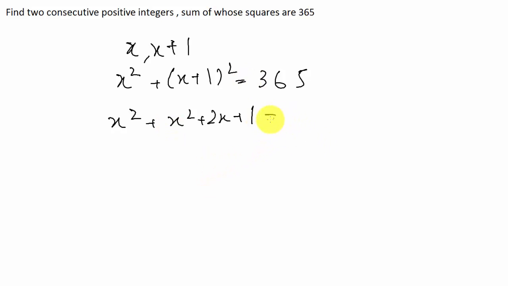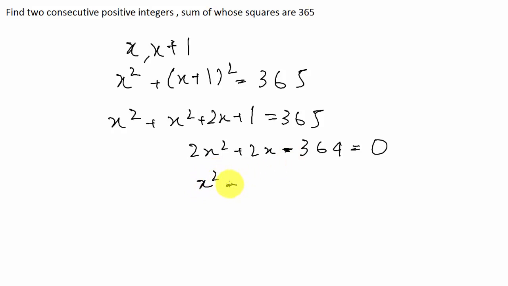So 2x square plus 2x minus 364 is equal to 0. Now we can divide the whole equation by 2. We'll get x square plus x minus 182 is equal to 0.